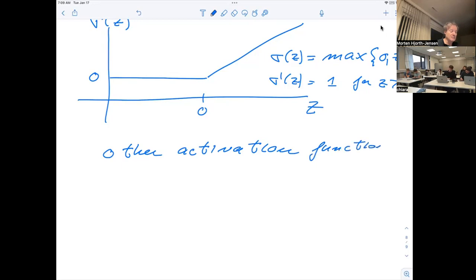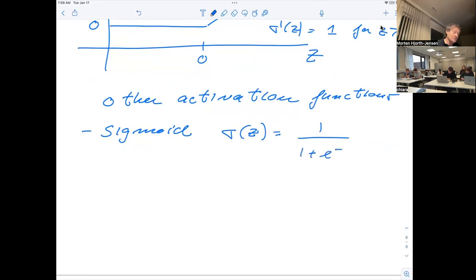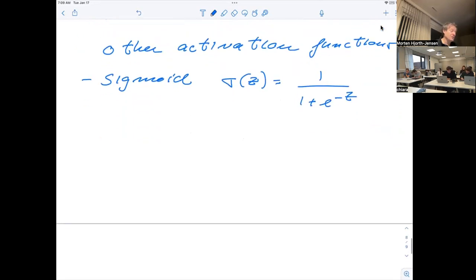So let's just list them. There's something which you most likely have seen. One of these is the sigmoid function, and this sigma of z is now given by 1 over 1 plus e to the minus z. This is a function which has been very popular in neural network applications.